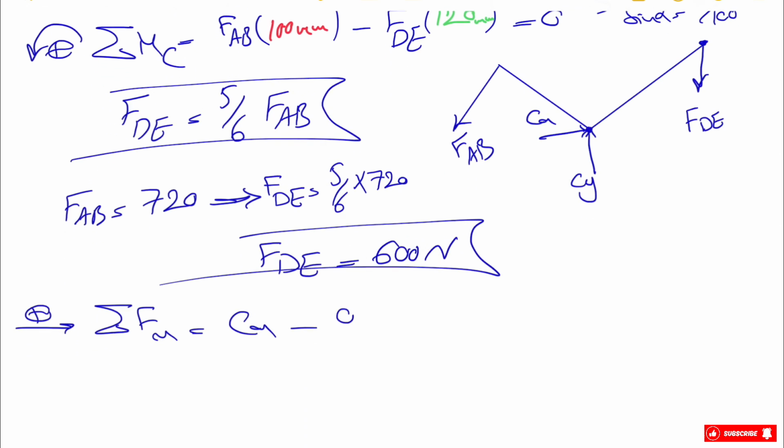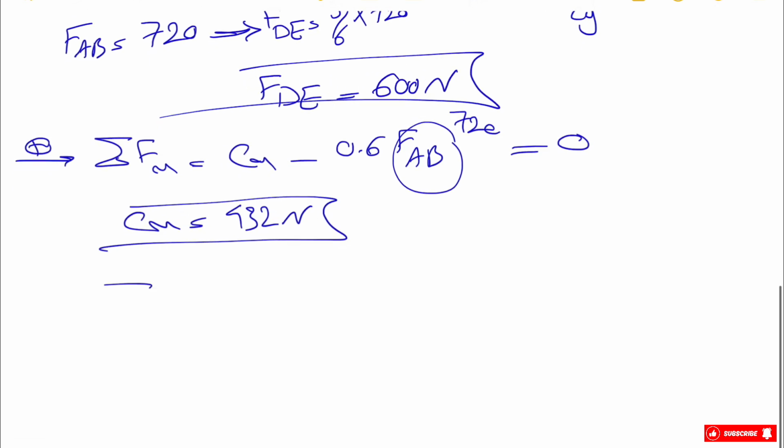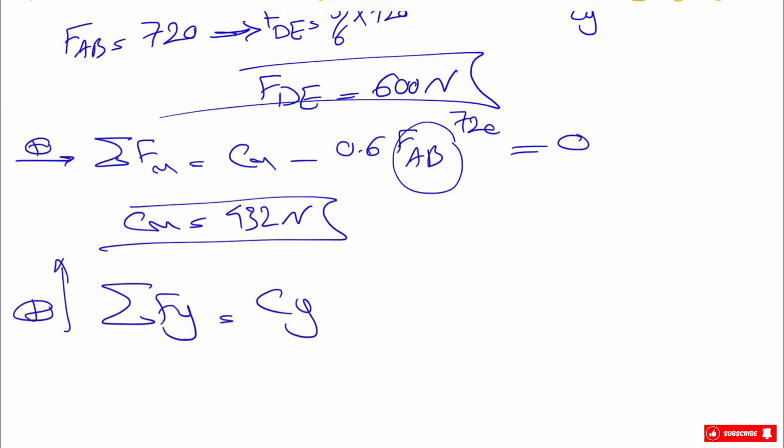So we have 0.6 times FAB, which we know is 720. This will be equal to 0, and from here we can find Cx, which will be 432 Newton.